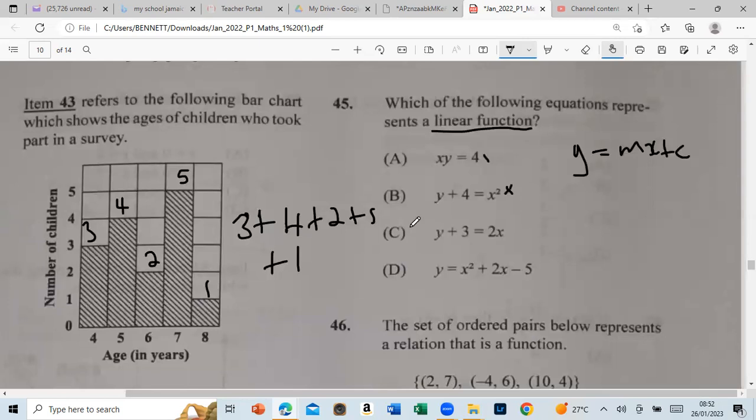So it's going to be C. If we transpose this, we get minus 3. So this equation will be y equals 2x minus 3. So that makes it linear, right? So it must be in the form y equals mx plus c, where the gradient is 2 and the y-intercept is negative 3.